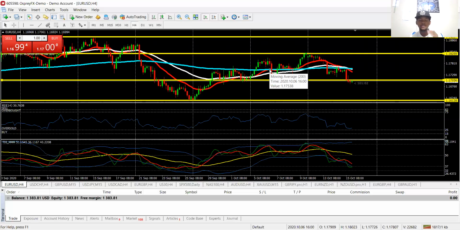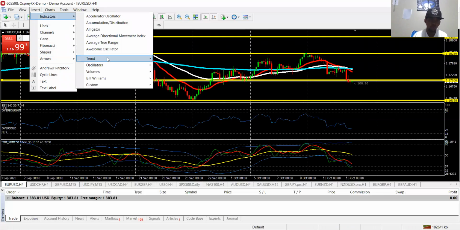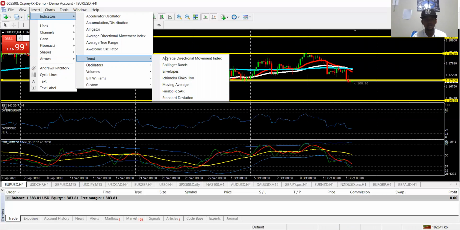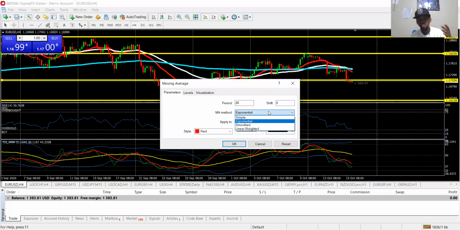Support and resistance is very important, just like my 20 exponential moving average. For those that want to know how to get the 20, you go to insert, indicators, trend, moving average, and then you pick the 20 exponential.